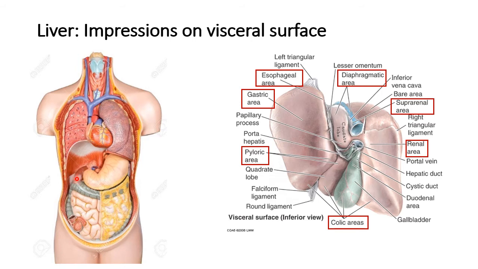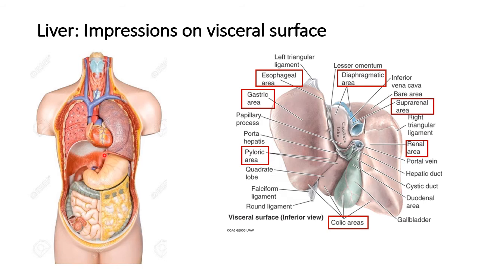We also have the right kidney and the right suprarenal gland. We also have the right colic flexure, where the ascending colon turns and becomes the transverse colon. So there should also be an impression for the colic flexure and part of the transverse colon on the visceral surface of the liver.